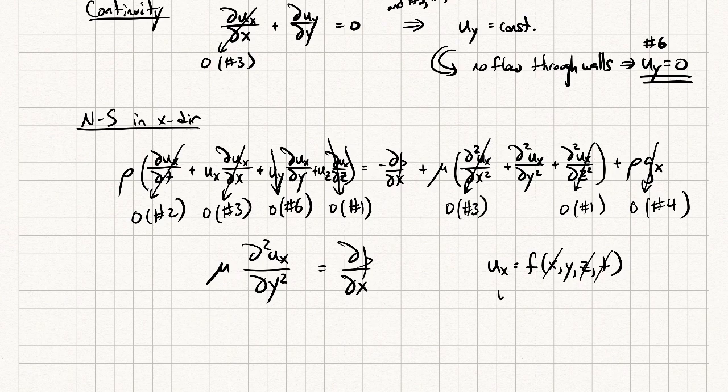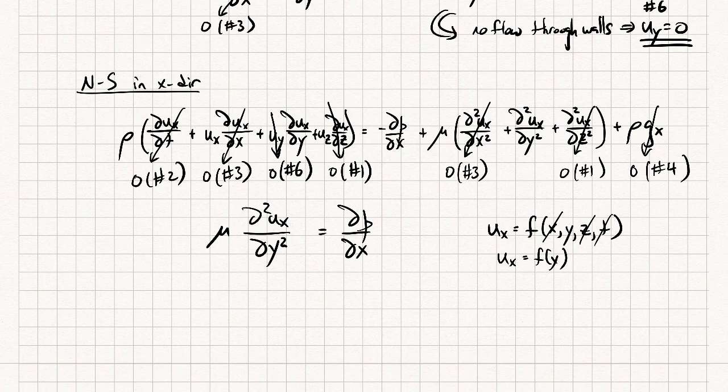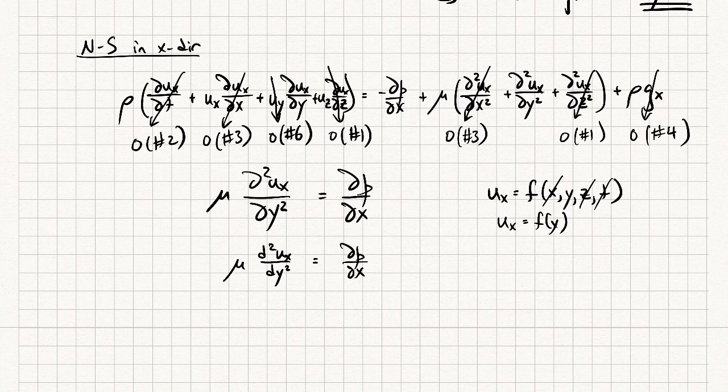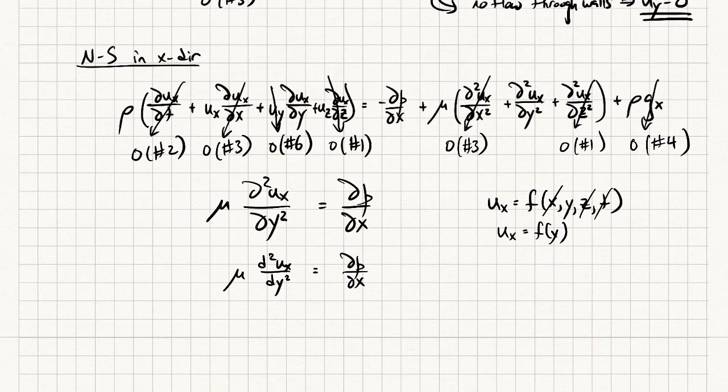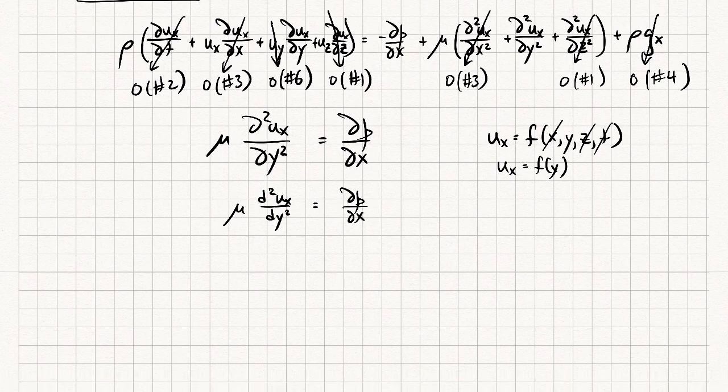So really, at best, ux is a function of y, right? So with that in mind, we can change our partial derivative over here to an ordinary derivative. It's just a little mathematical thing that we'll make use of. It'll make it a little easier for us to solve our differential equation.